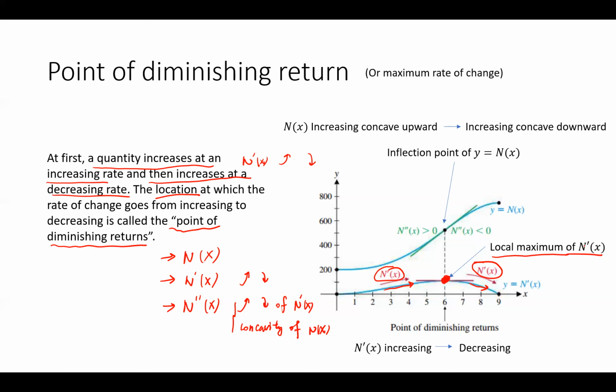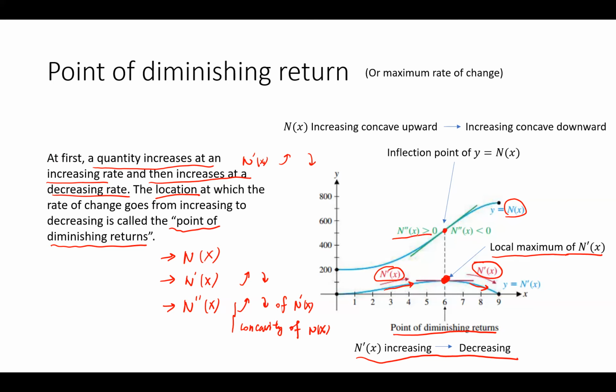However, there's more information in this graph. Again, this point is the point of diminishing return, and n prime x goes from increasing to decreasing. Corresponding to the raw graph, which is n of x, we have the corresponding point here. And on the left, n double prime is actually above 0. Why is that the case?